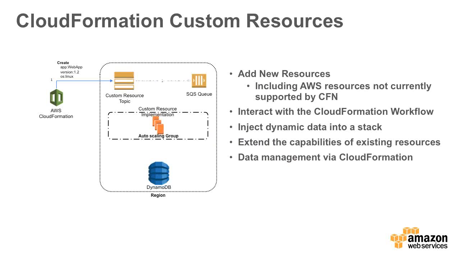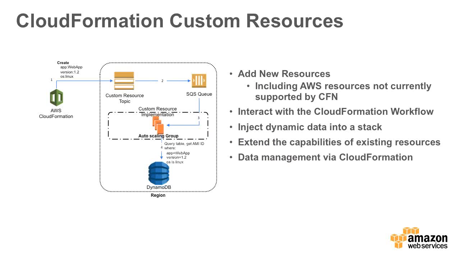That SNS topic will push that into a queue, and then our custom resource implementation will pull from that queue, consume that payload, so the key value pair, web app version 1.2 OS Linux, and basically perform the business logic or the custom resource implementation.